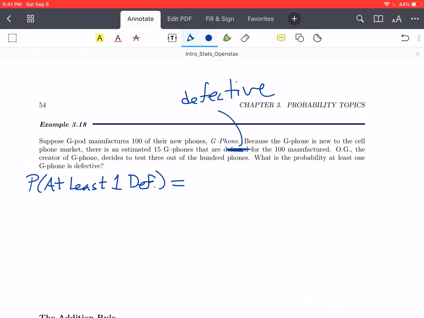So this is another one like we saw at the very end of the last section. This is another one of those at least one problems. So instead of trying to find the probability of all the possible ways that we could have at least one defective, let's instead look at 1 minus the probability of the opposite of that, the complement, the probability that none are defective.